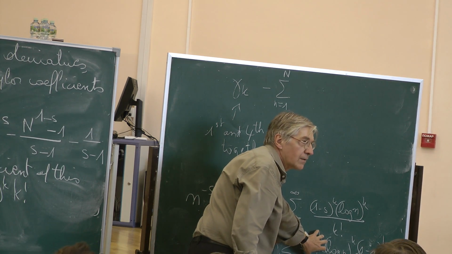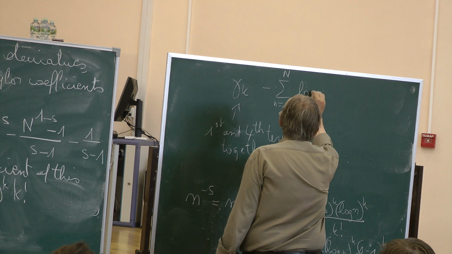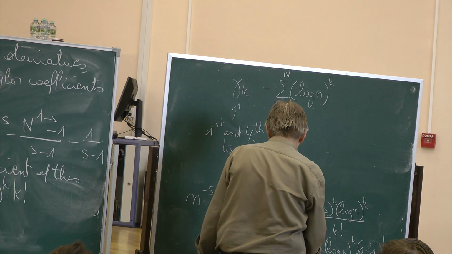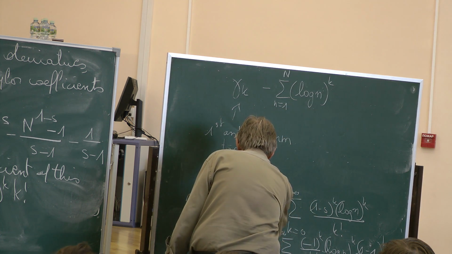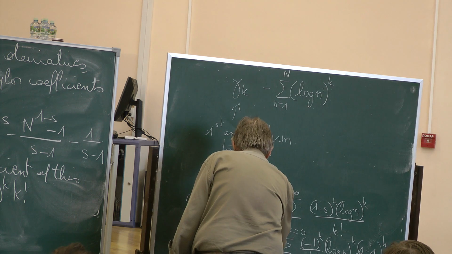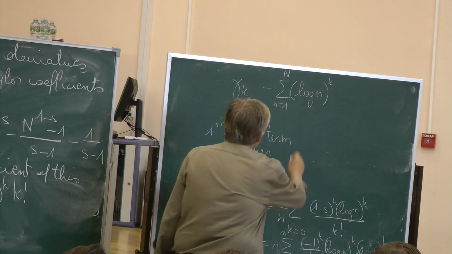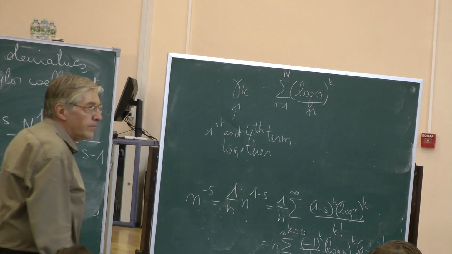This makes this factor disappear. And then the coefficient which I get is just log n to the power k. Oh, excuse me, here there is a n to the minus 1, 1 over n, not n. And here it's 1 over n, and it's log n to the power k divided by n.